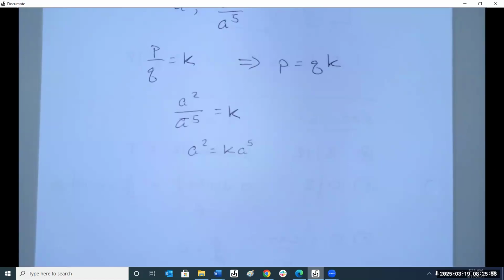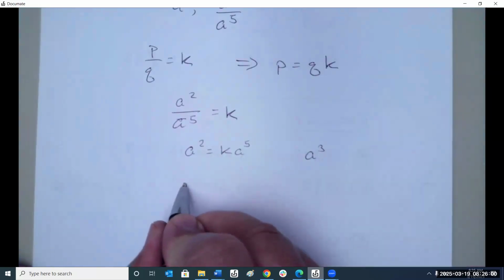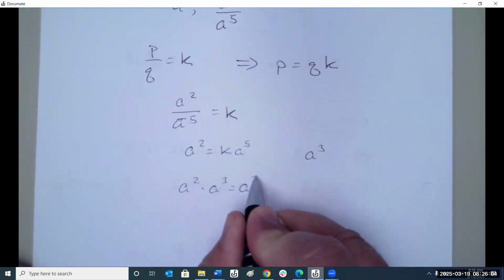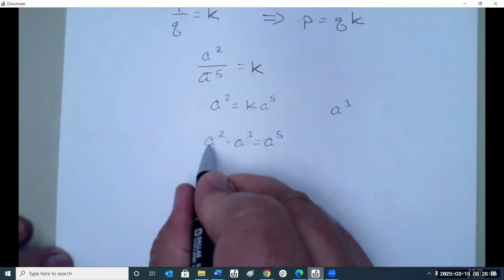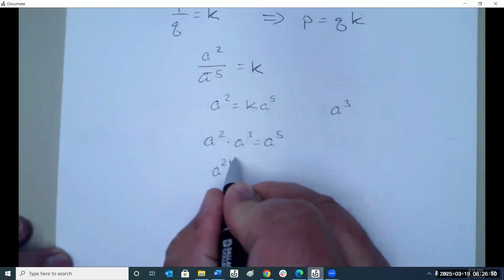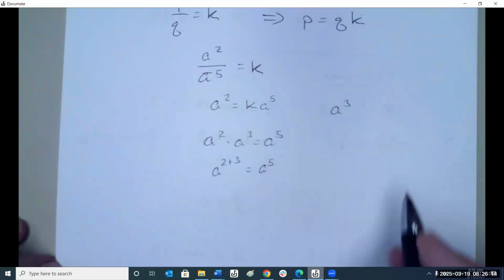Yes, because A squared times A cubed equals A to the 5th. The property is, if you have the same bases, you add the exponents. So that's true.